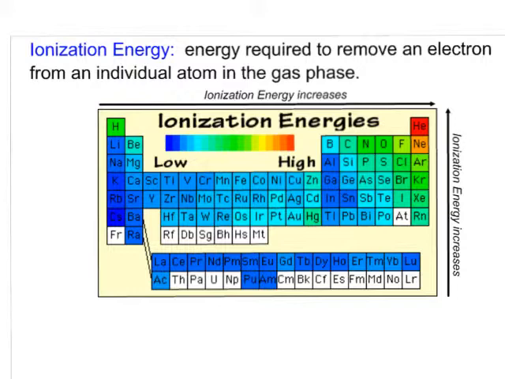So why is that? Well, for one thing, let's look at the trend going down. As we go from helium down to radon, we are increasing the energy shells, and the electrons are getting further and further from the nucleus.